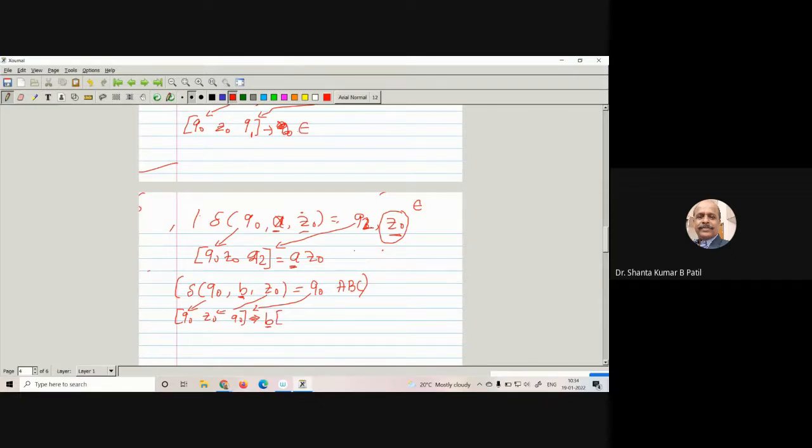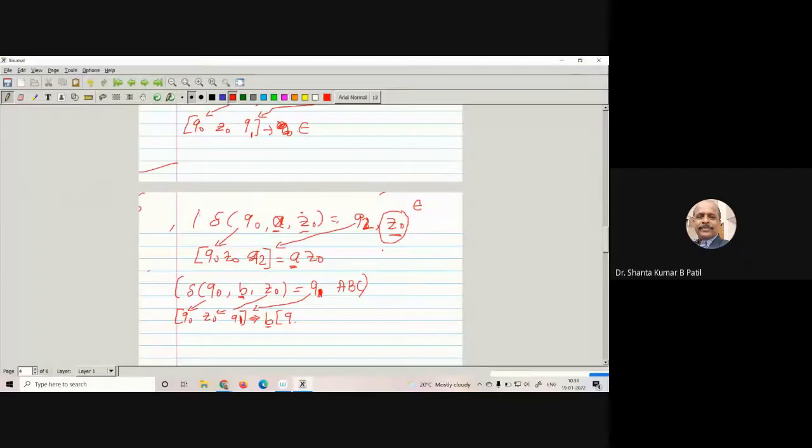So three variables are there now. You write it as a q naught, then it is a q, then q followed by a, and now this will be b.